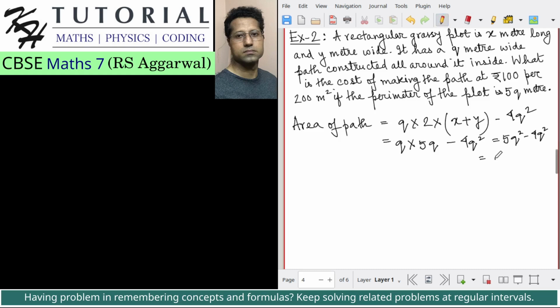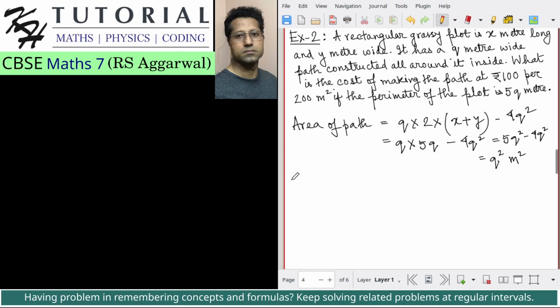This will be q square meter square, since all the units are given in meter. So now we have to find the cost of making the path, where we know that the area of the path is q square meter square, and the rate of cost of making the path is rupees 100 per 200 meter square.